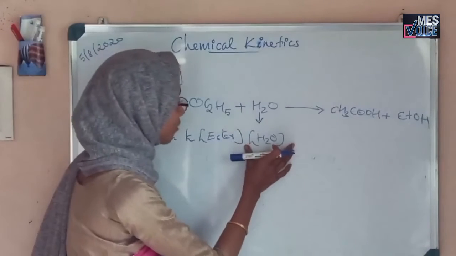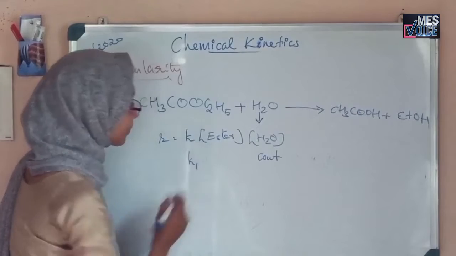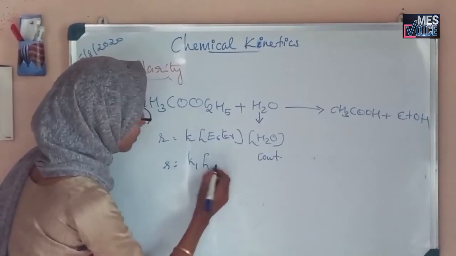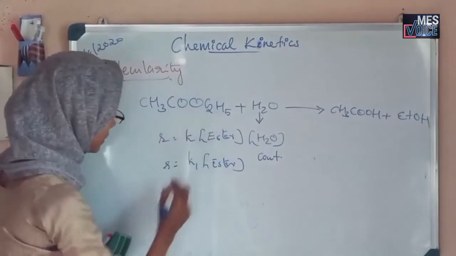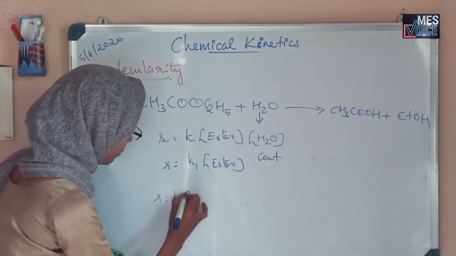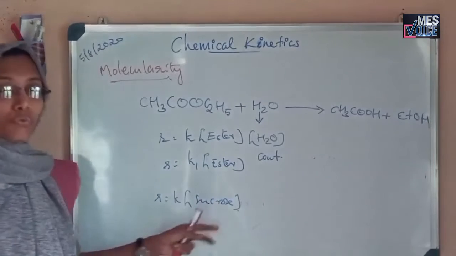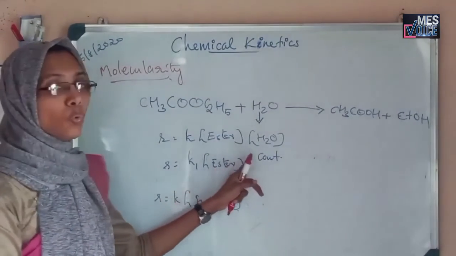A constant into another constant is equal to a second constant, that is, the rate is equal to K into concentration of ester only, in the case of ester hydrolysis, or R is equal to K into concentration of sucrose in the case of hydrolysis of sucrose. So in this reaction, the order is equal to 1.